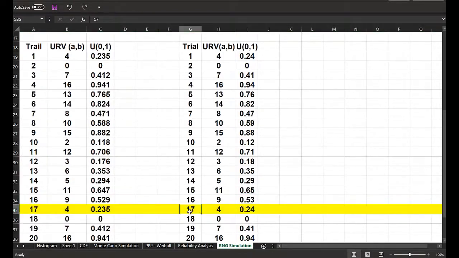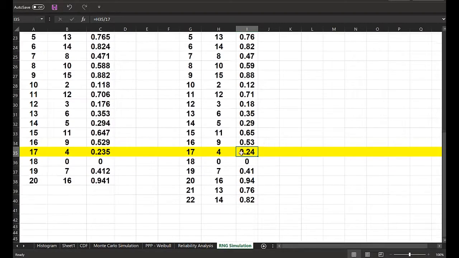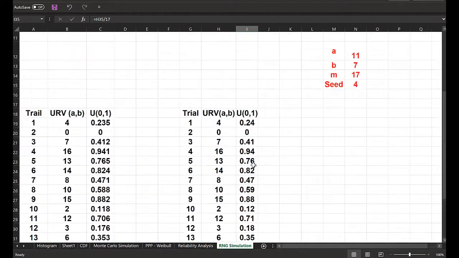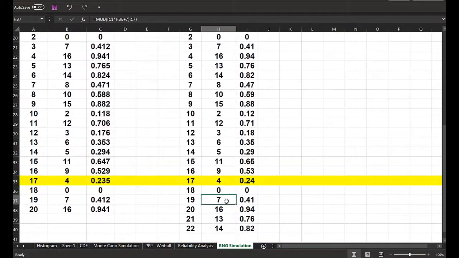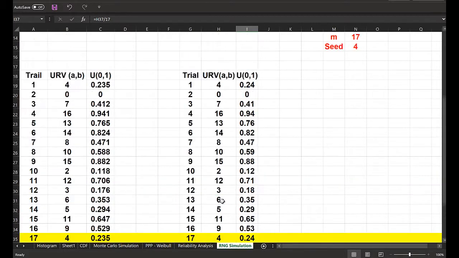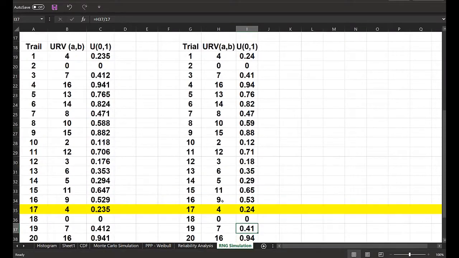At the 17th trial this is 4, and the uniform random numbers between 0 and 1 also start repeating. So this is 4, then 0, 0, again you have 0, 0, 7.41, again you have 7.41. So your random numbers start to repeat. This means that if I keep my m large, the chain length will become larger.